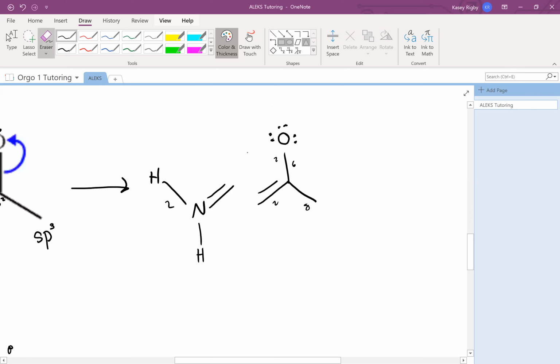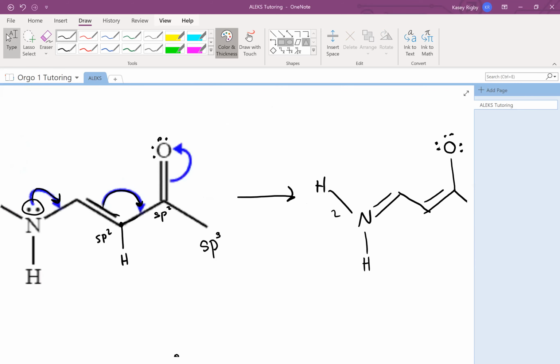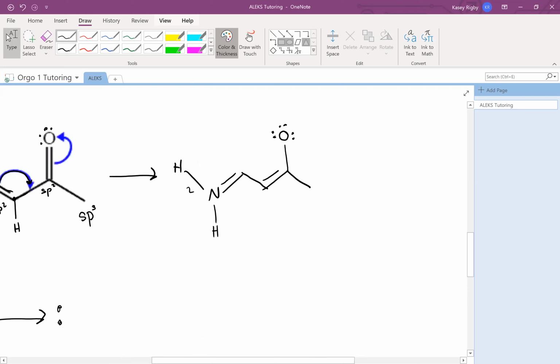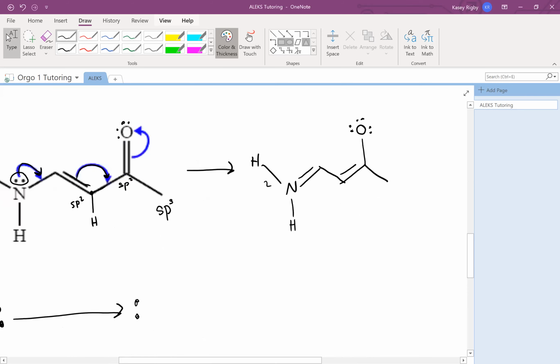Okay? So we have all the bonds drawn. We know that this is possible. The only thing that we're missing is the formal charges. Okay? And one more thing to note about going from one resonant structure to another, because that's basically what this is. We're going from one compound to another compound where they both have the same general structure.